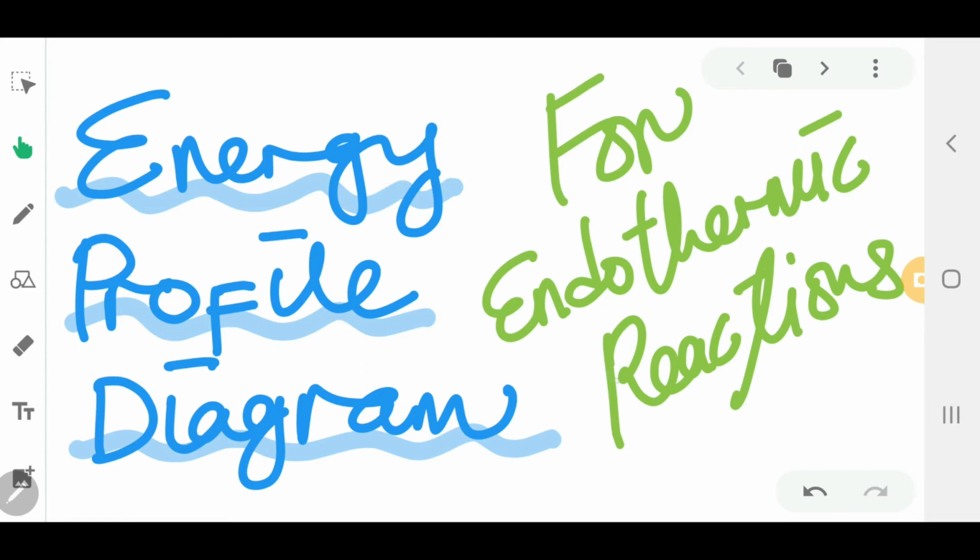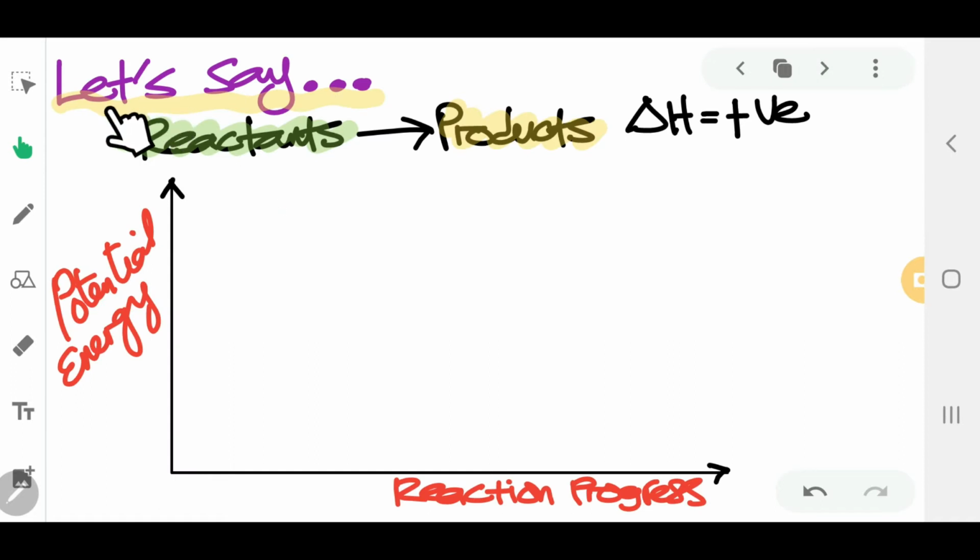Hello, in this video, we're going to look at how to sketch the energy profile diagram for endothermic reactions. Let's say we have reactants, the one that I have highlighted in green, to be converted into products, the one in yellow, and the enthalpy value is positive.